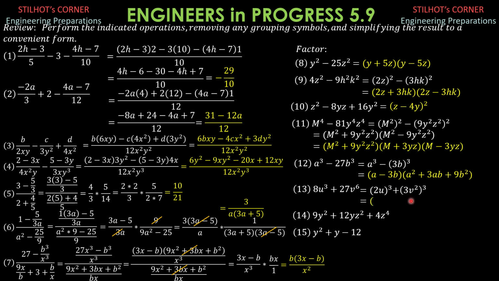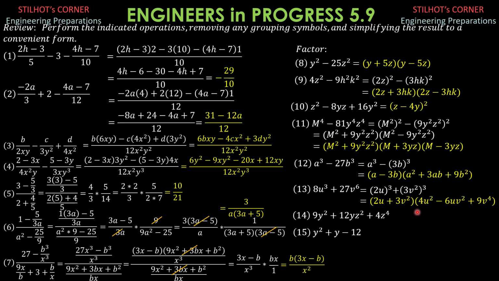So again, the factored form would be the quantity 2u plus 3v squared times the quantity 4u squared minus 6uv squared plus 9v to the fourth.